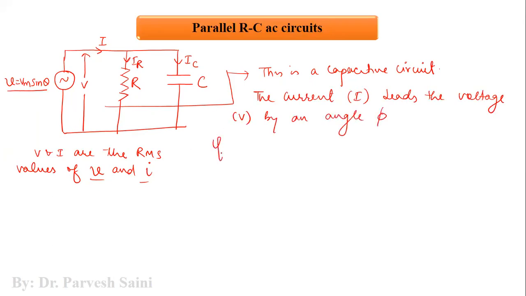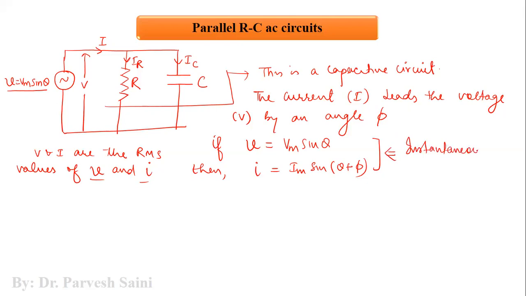So if V is equal to Vm sine theta, then I is equal to Im sine theta plus phi. So these two are the instantaneous quantities of the source, right? So these are the two quantities, fine.